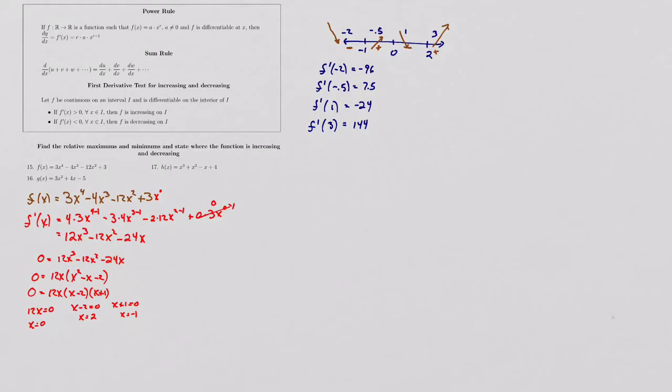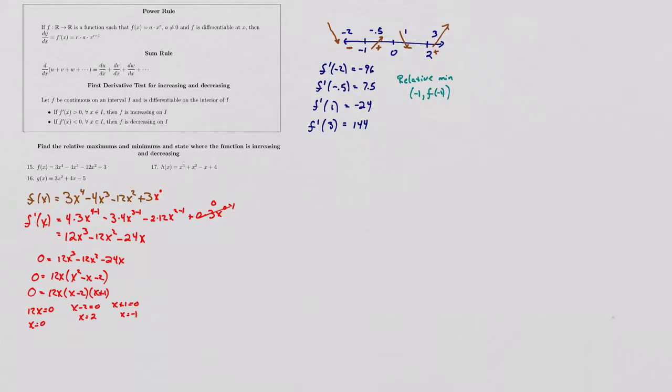So here I can actually write my points. I know that I'm going to have a relative max and relative min. Looking at my arrows here, as I'm going down and then back up, the -1 is going to be a minimum. So my relative minimum is going to be at -1, f of -1.